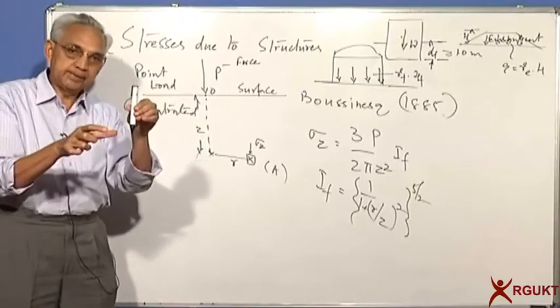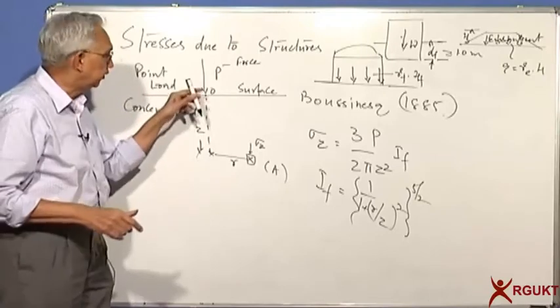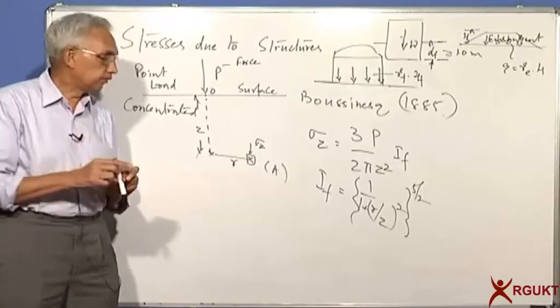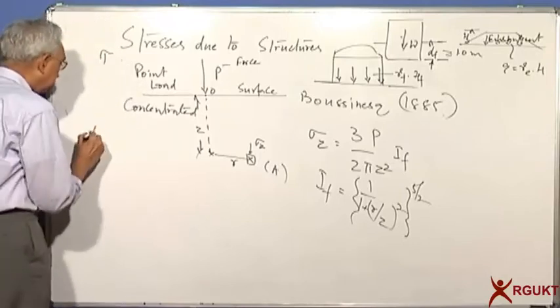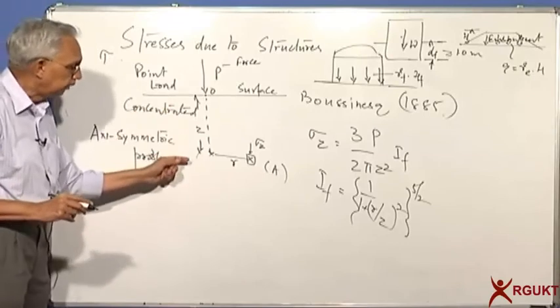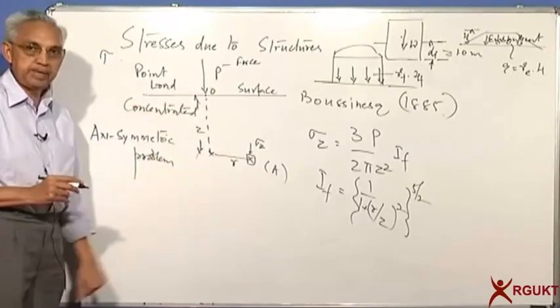All that matters is what is the radial distance from the axis through the force P. So this is called an axisymmetric problem. The two variables are the depth and the radial distance from the axis through the force P.